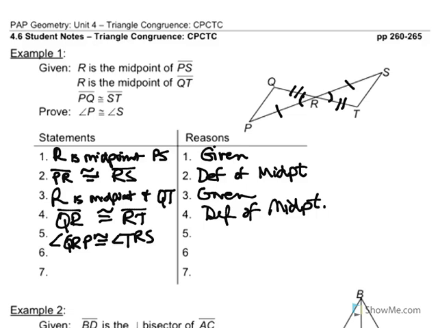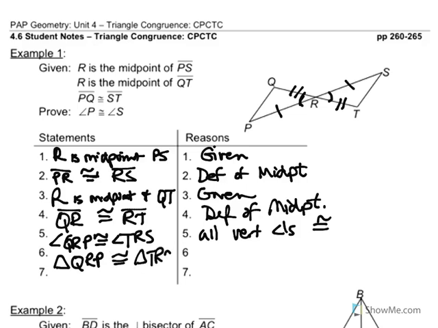How do I know that angle QRP is congruent with TRS? Because all vertical angles are congruent. And so now I can say triangle QRP is congruent with triangle TRS.